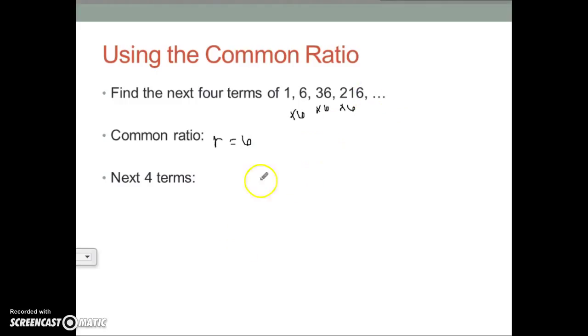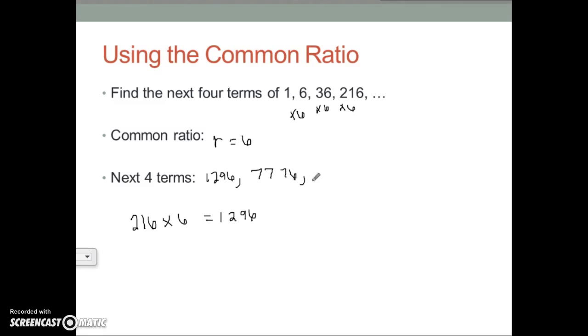To get to the next 4 terms, my next term, 216 times 6, you end up with 1,296. So 1,296 is my next term. If I multiply that by 6, you end up with 7,776.